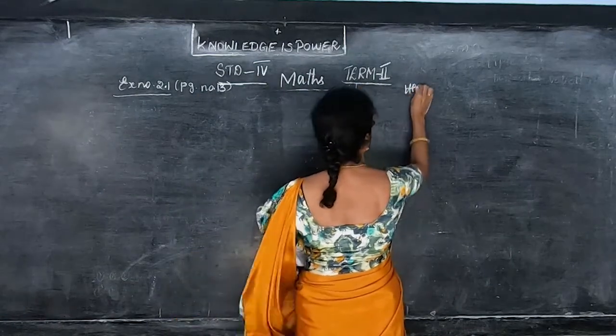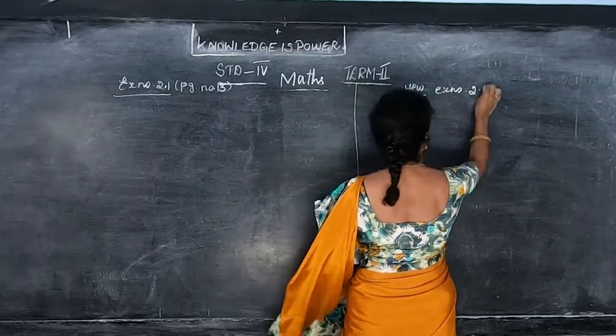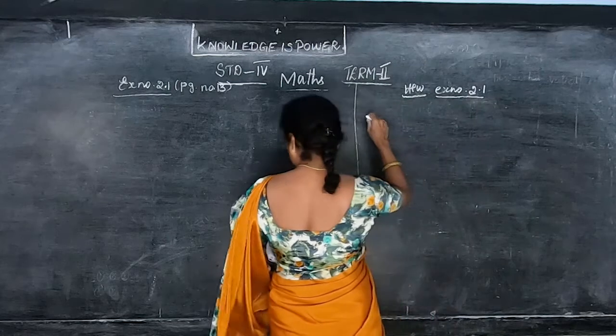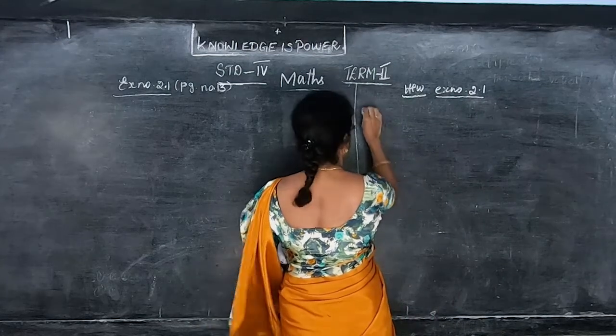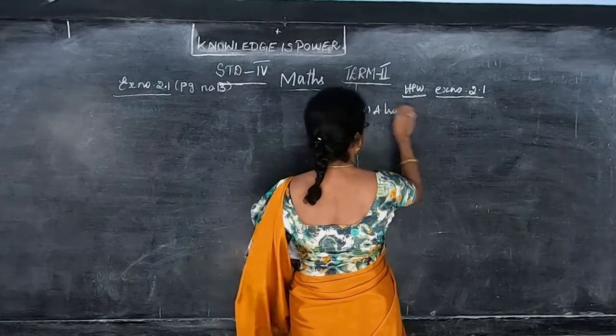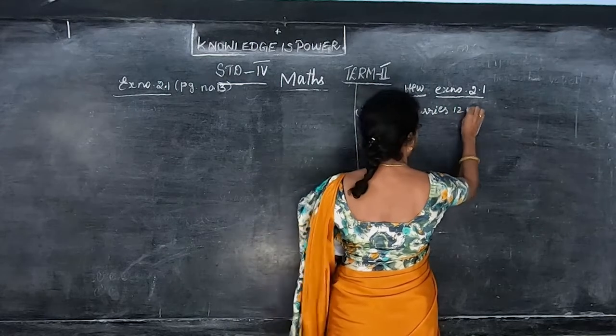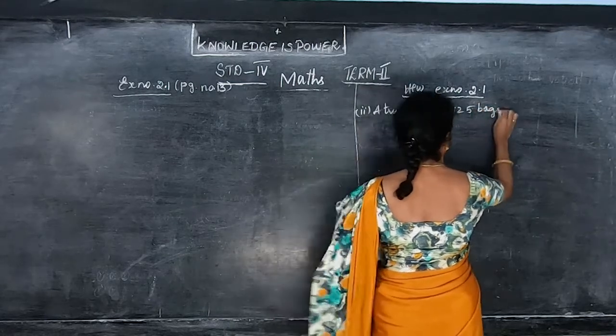Homework, exercise number 2.1, page number 13. Sum number 2: A truck carries 125 bags of rice.